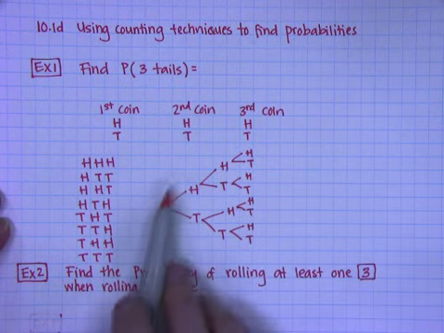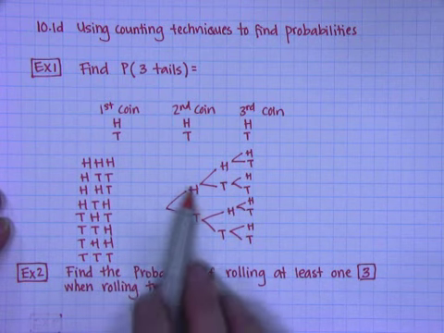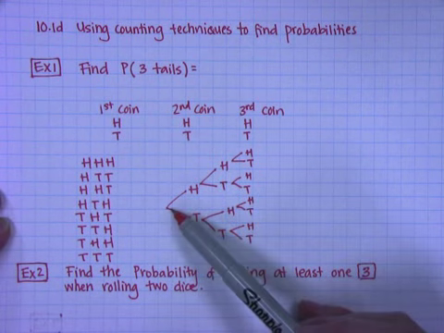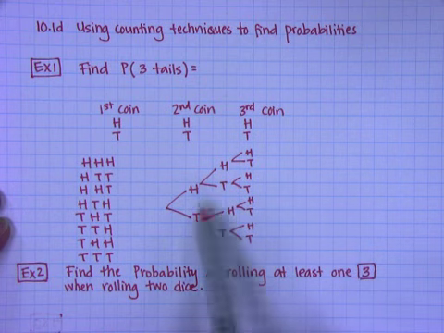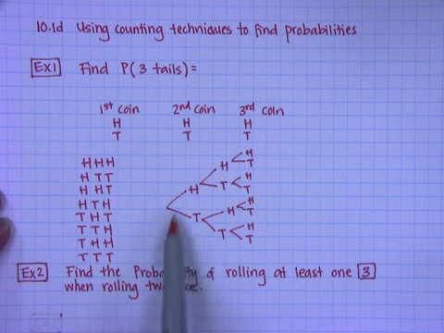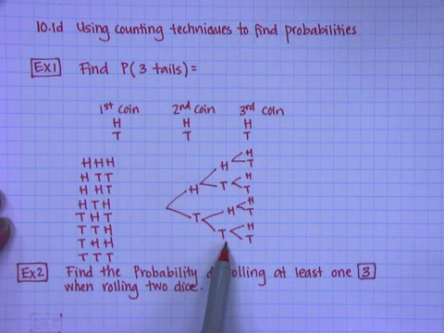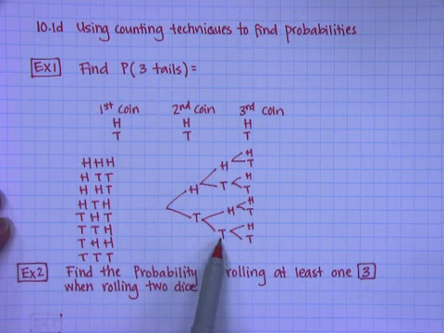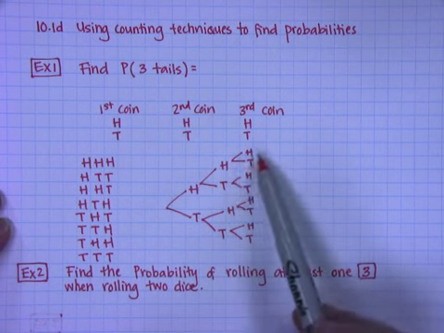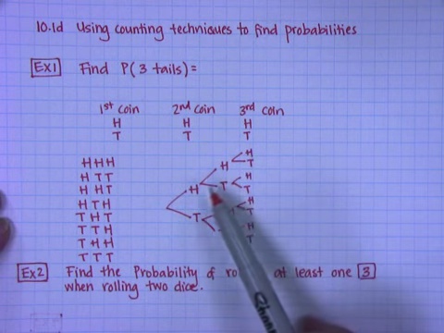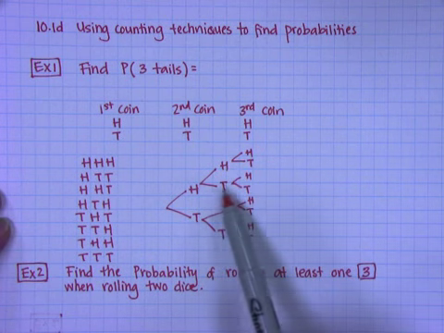So each level of the tree diagram represents a flip. For your second flip you could go heads, heads, or heads, tails, or tails, heads, or tails, tails. So this is representing 1 flip, 2 flips. And then your third flip is out here. You could have heads, heads, heads, heads, heads, tails, heads, tails, heads.